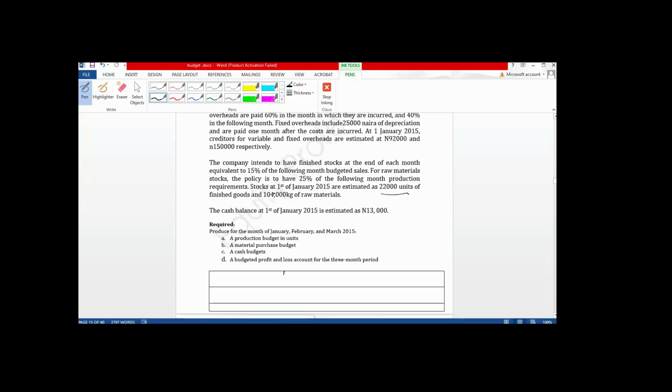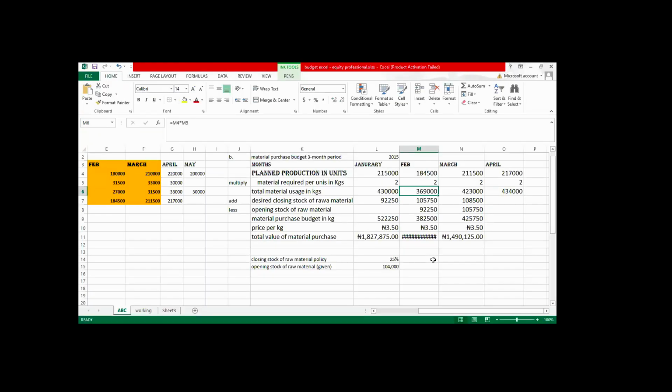Stock at 1st January 2015 is estimated as 22,000 units of finished goods and 104,000 kg of raw material. In this case, opening stock of raw material as at 1st January is 104,000. I can come here.